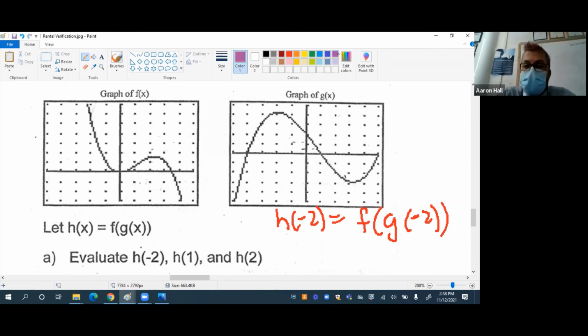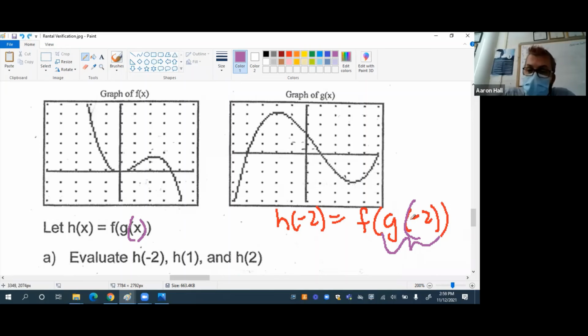So let's just look at this piece right here. What is g of -2? What does the -2 represent? Is that my x or my y? It's your x. In parentheses here, I have an x, and that x has been replaced with a -2, implying that the -2 is my x.